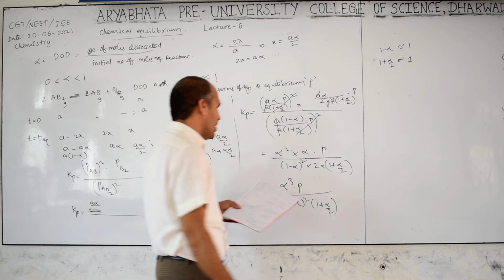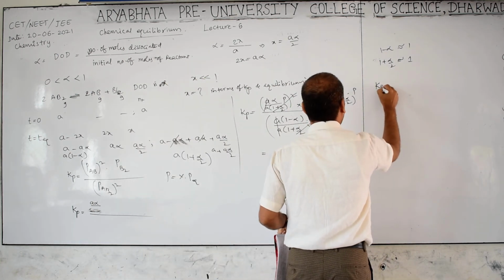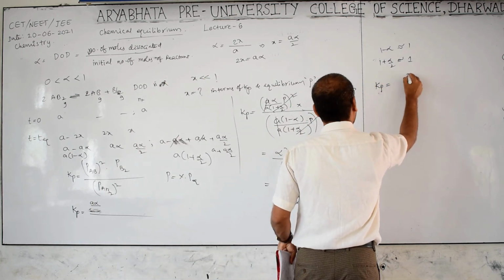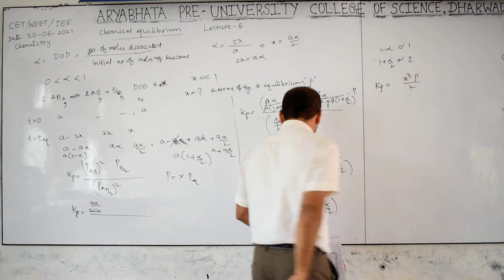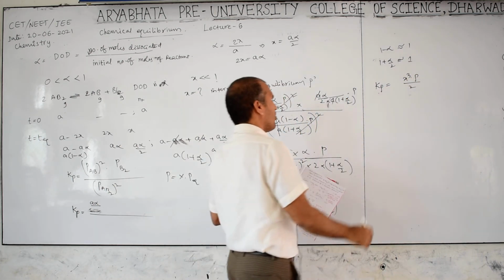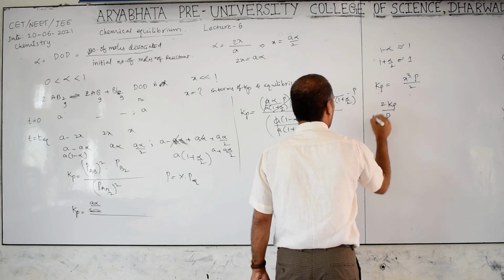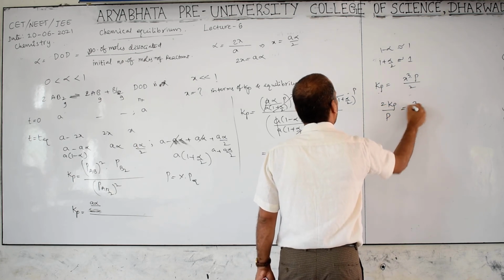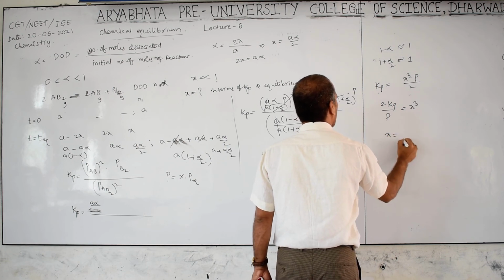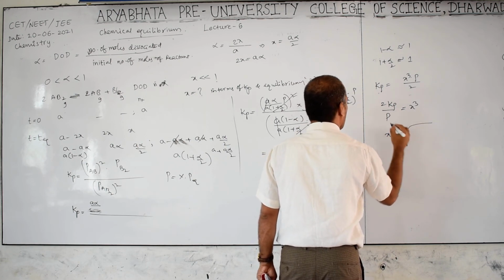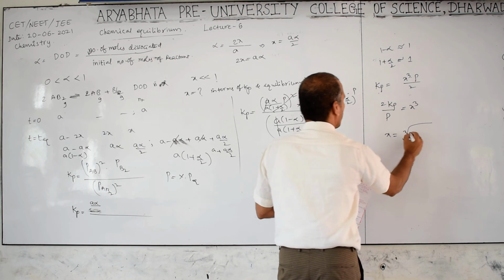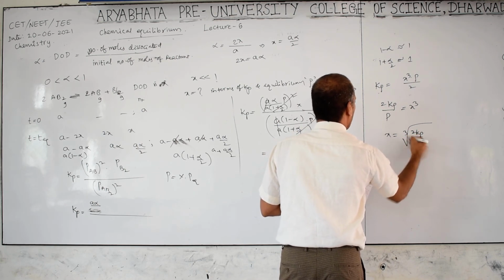Therefore what is left here? Kp is equal to x cube into P by 2, that is only left. Therefore 2Kp by P is equal to x cube, then x is equal to cubic root of 2Kp by P.